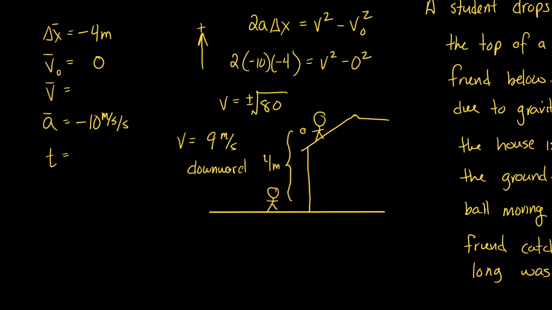All right, halfway there. I need to use a relationship that doesn't have final velocity in it. I think I got one. Does that look good to you guys? -4 equals 1/2 times -10 t squared plus 0.